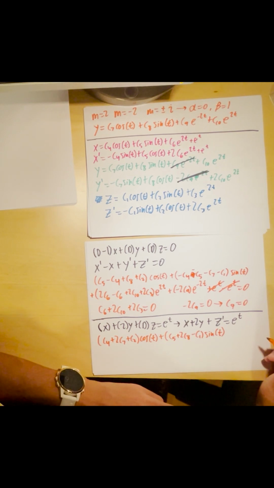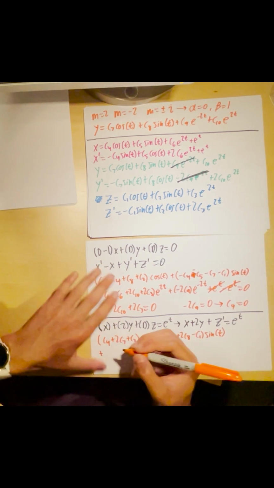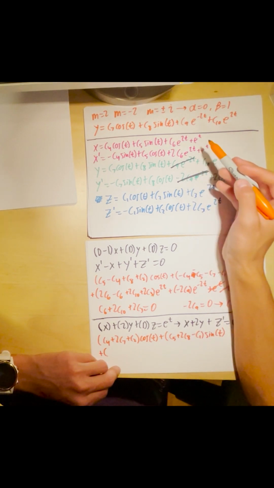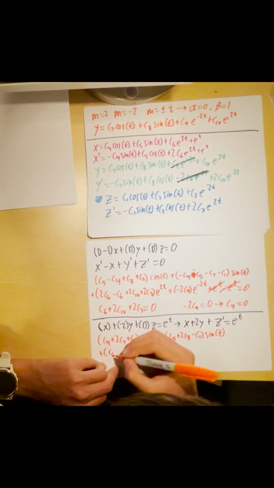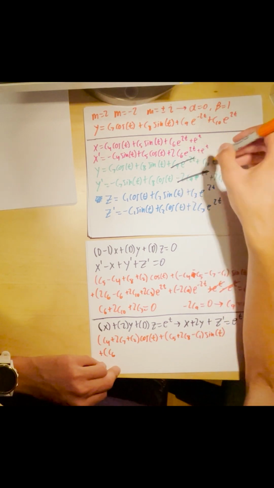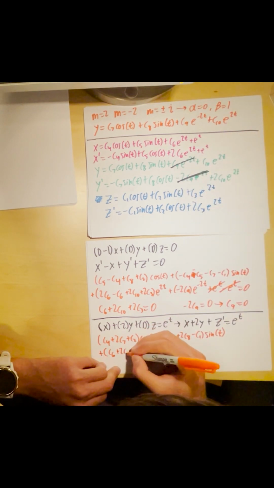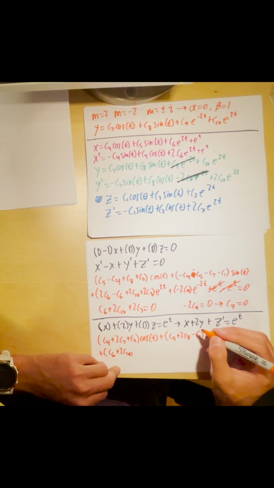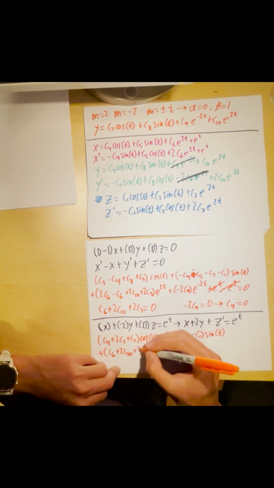Lastly, that e to the 2t term. For our x, it is c6. For 2y, it is 2c10. For the z prime, it will be 2c3.